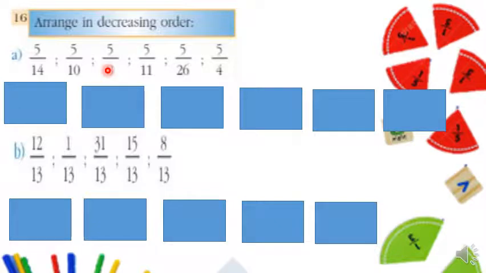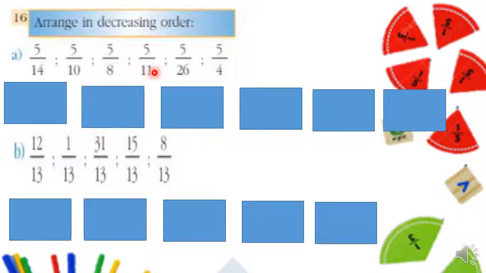As you can see here, they have the same numerators. So I want to compare the denominators, but pay attention. In this case, we have opposite results. So the greatest fraction is the fraction that has the smallest denominator.